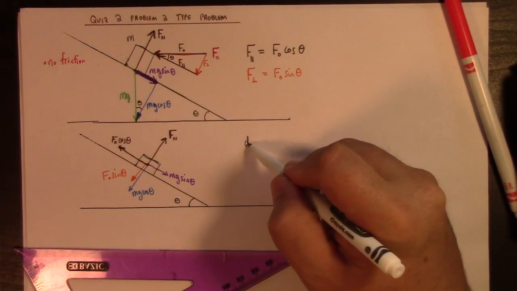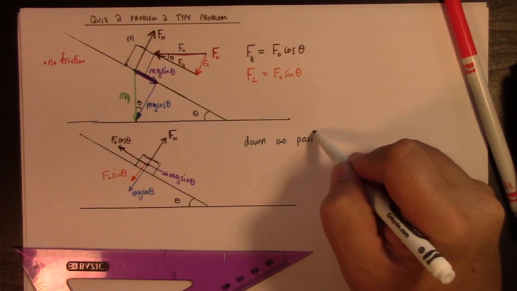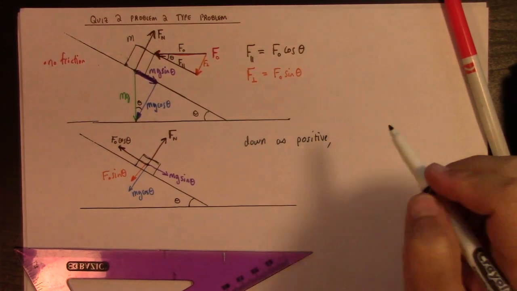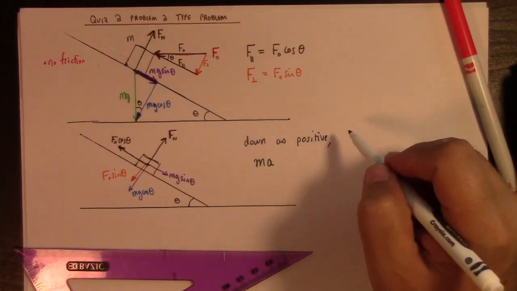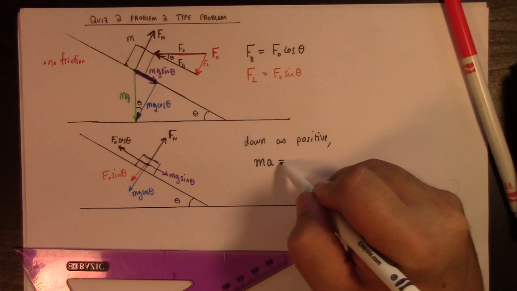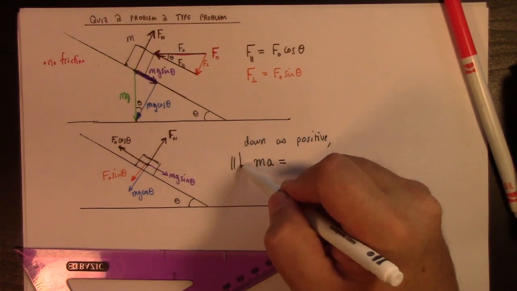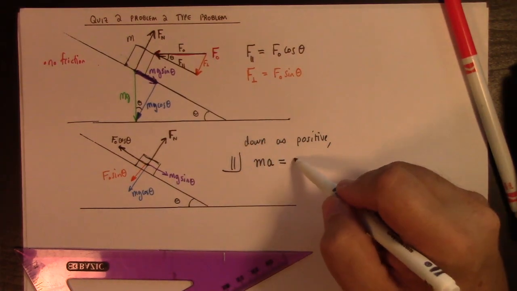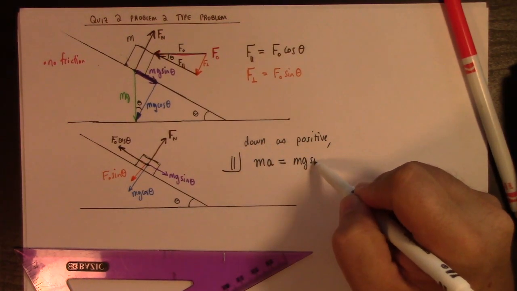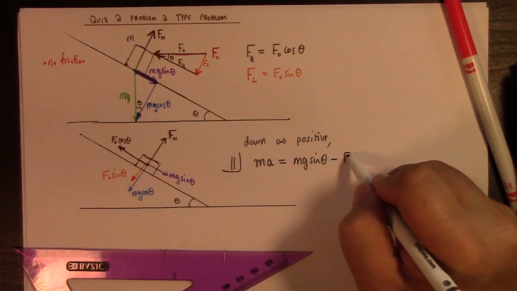With down is positive, in other words, sliding down, we have ma, and that's the parallel a, right? Equals the sum of the forces along the parallel direction. Parallel direction, we've got mg sine theta pointing down, and we've got minus F naught cosine theta going up.